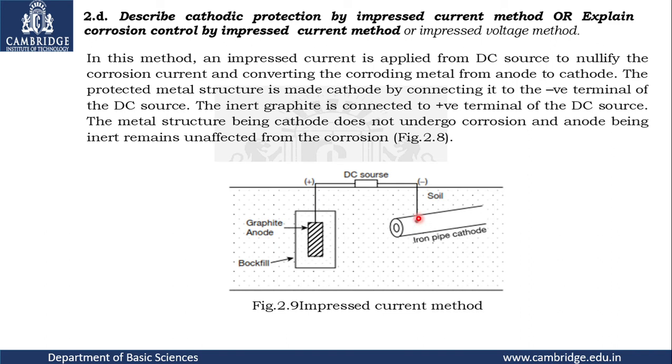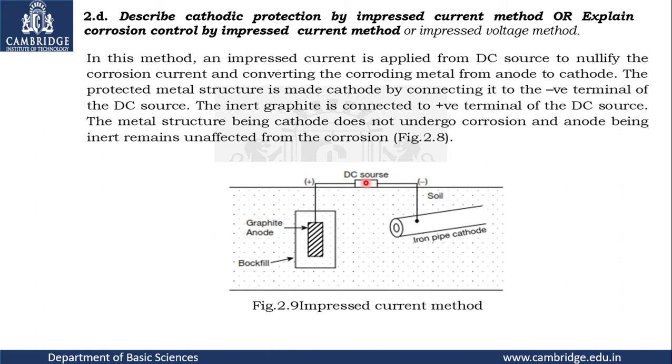This should be connected to the negative terminal of a DC source and another inert anode is connected to the positive terminal. A graphite rod can be taken as an inert electrode. Inert means it does not undergo any sort of reaction. That is connected to the positive terminal.